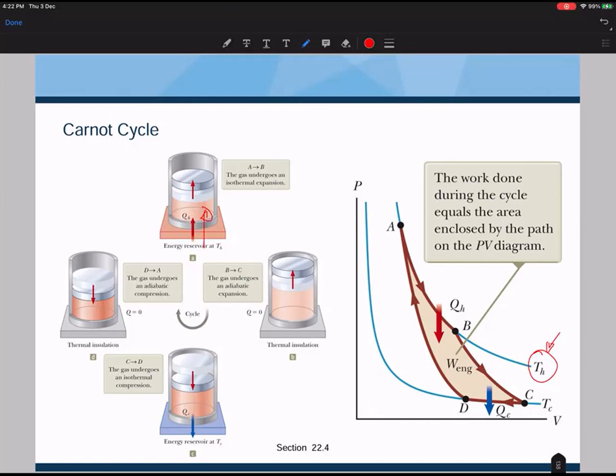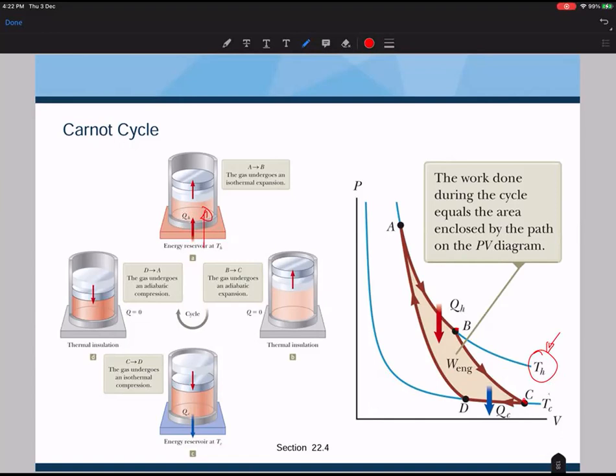Okay, then at the end of the process, at the stage B, it would undergo an adiabatic expansion, meaning that there is no heat exchange with the surrounding. It would be expanding and gets the engine cooled down to a temperature Tc.